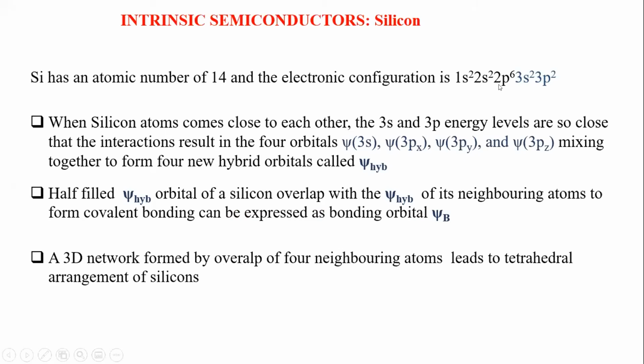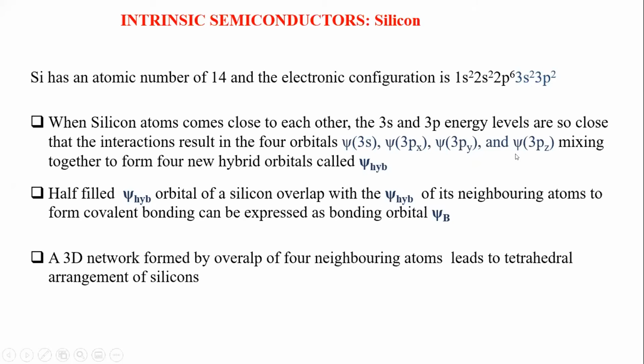We call this the semi-core energy level, and this is the valence. You all know what valence means, the outer orbit of an atom. So in an isolated silicon atom, you have 3s2 and 3p2 as valence electrons.